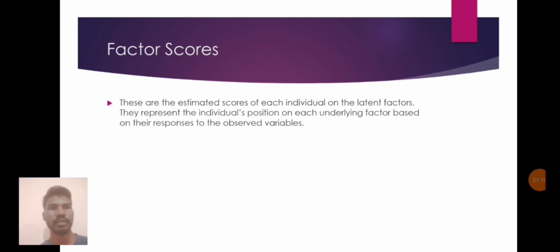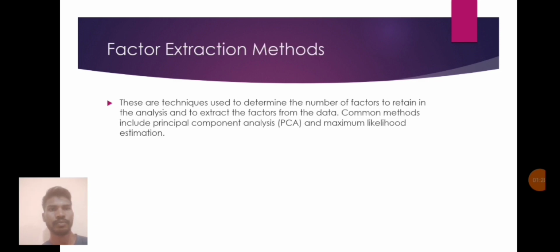They represent the individual's position on each underlying factor based on their responses to the observed variables. Factor extraction method: these are the techniques used to determine the number of factors to retain in the analysis and to extract the factors from the data. Common methods include principal component analysis (PCA) and maximum likelihood estimation.